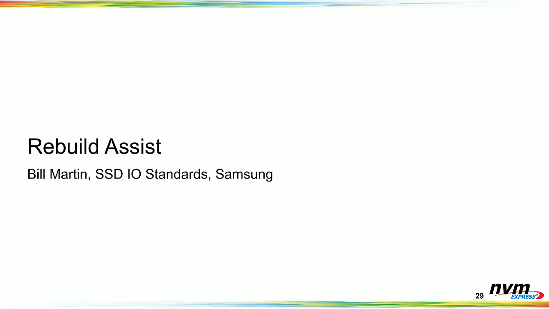Over to you, Bill. Okay, thank you, Rohit. So you've heard a lot about why there are errors on SSDs, what the failure modes are, or at least some of them. You've heard a lot about the different ways that you can access that information.